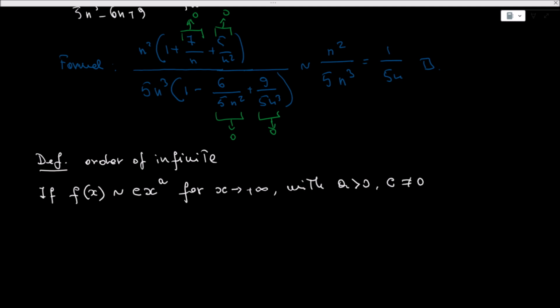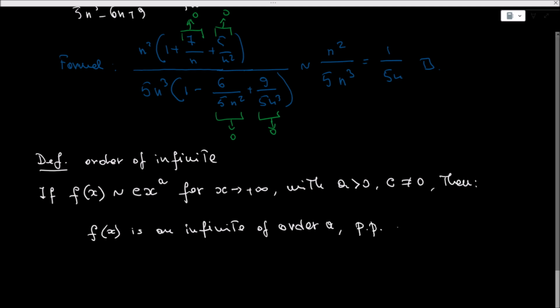Of course we are excluding the case c equals 0, otherwise the function would be equivalent to 0. So if these two conditions are verified, then we say that f of x is an infinite of order a with the principal part cx to the a.